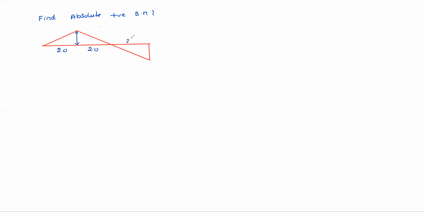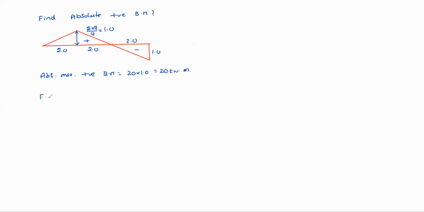This also 2 meters. Here 2 into 2 by AB by L, 4, that equals 1. That means this also 1, positive, negative. So 20 into 1. Absolute maximum positive bending moment equals 20 into 1, that equals 20 kilonewton meter.